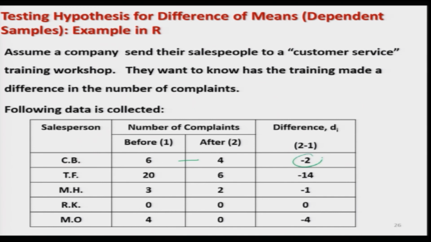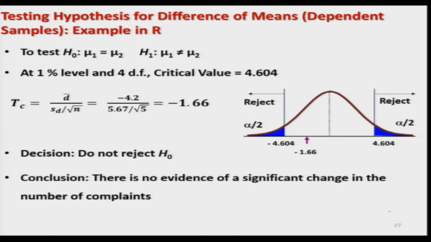These values are obtained by considering 2 minus 1. So this will be 6 minus 20, minus 14, and these are the values of d1, d2, d3, d4 and d5. Now you simply find their mean and variance, compute this statistic, and exactly in the same way as you took the decision in the earlier case, you can do the same thing over here.